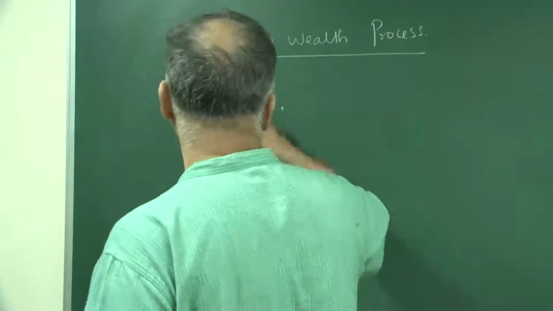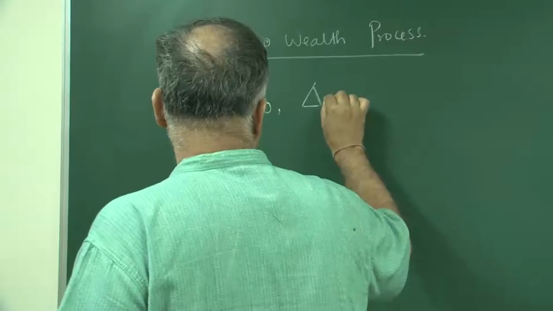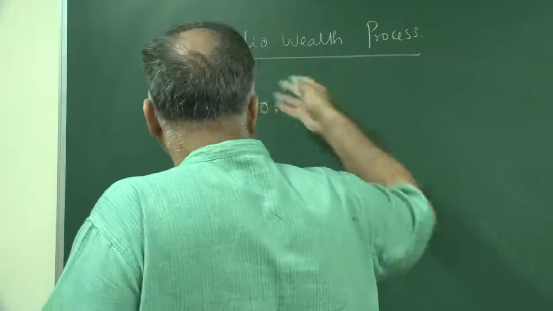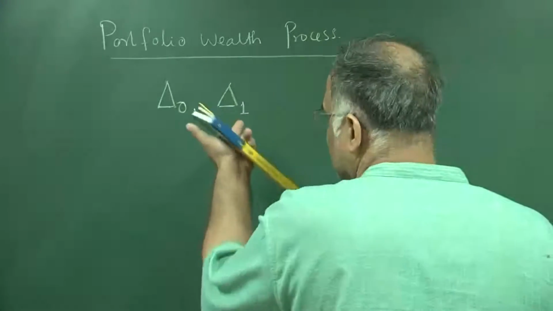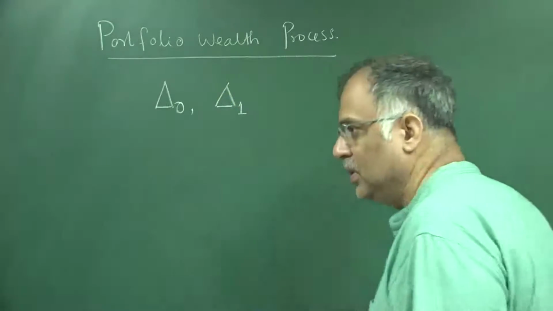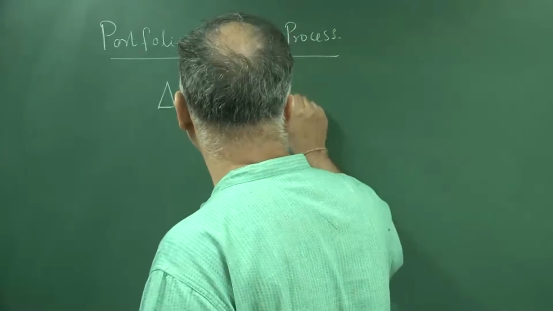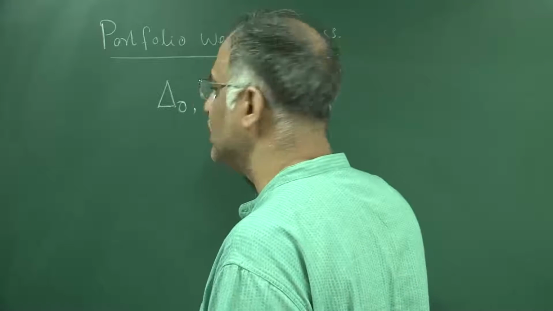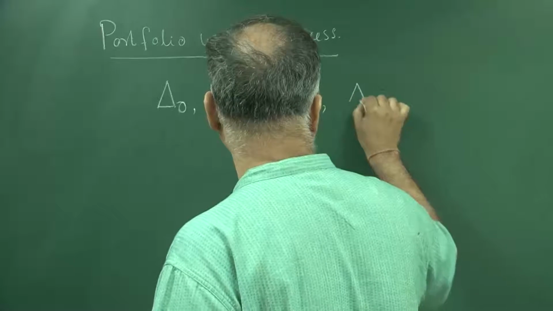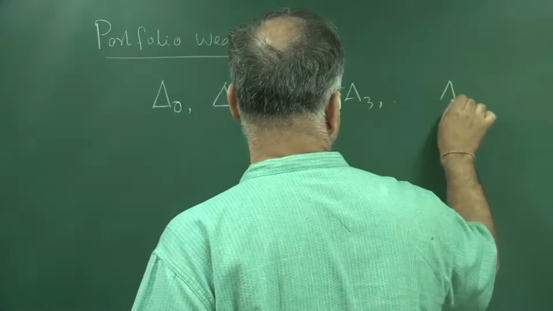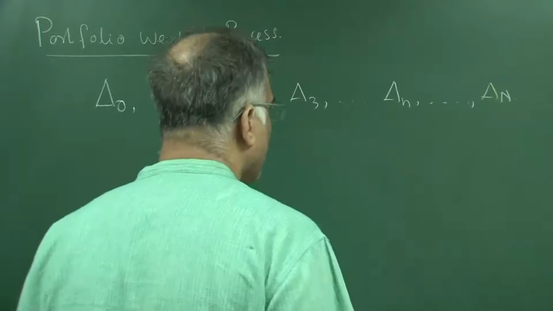At time t1 he sells them, and whatever money he gets, together with money from the money market, part of it is used to finance delta 1, and delta 1 depends on the outcome that he has. So, delta 1 depends on the first outcome, delta 2 depends on the first two outcomes, and so forth, up to delta n minus 1.